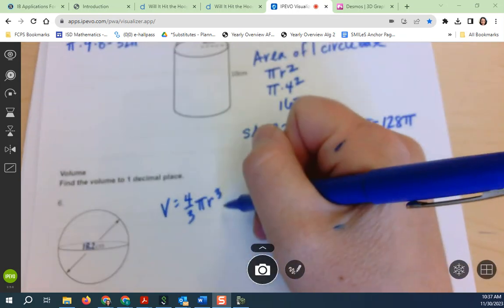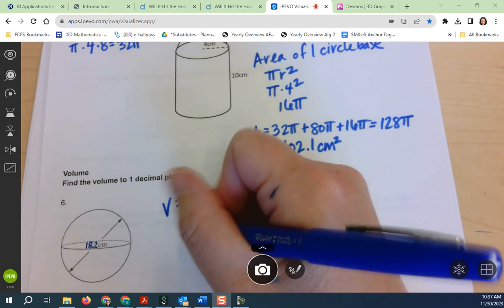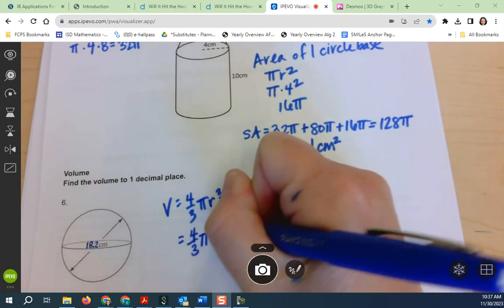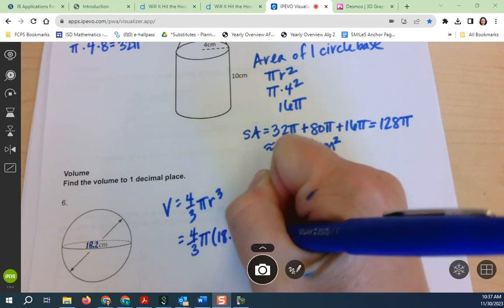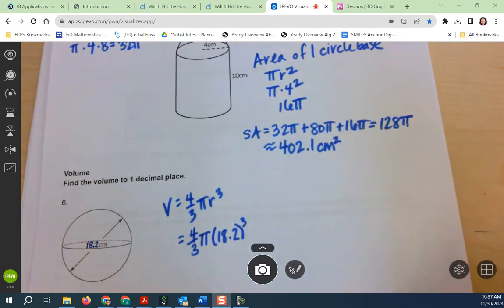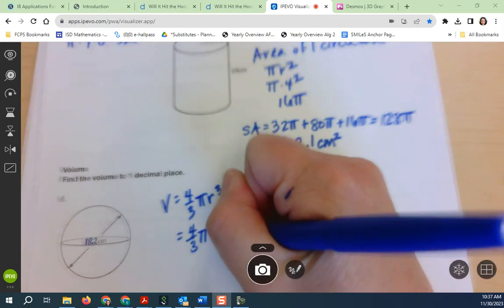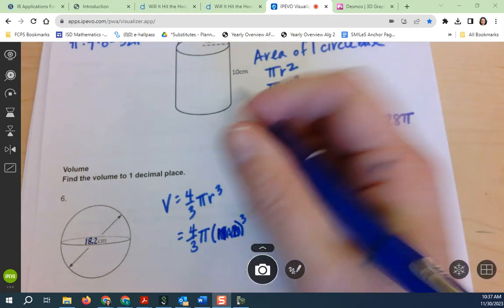All right, and then 4/3 pi times 18.2 cubed. Oh, it's not 18.2. What did I do wrong? I didn't do the radius, right? What should that be? 9.1 cubed, right?